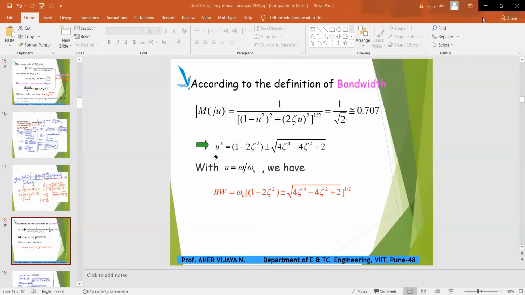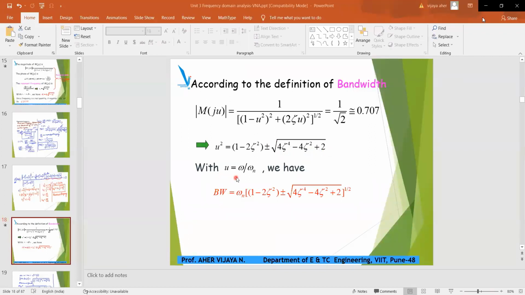For this, you have to simplify. u square is equal to 1 minus 2 zeta square plus or minus under root of 4 zeta raised to 4 minus 4 zeta square plus 2.